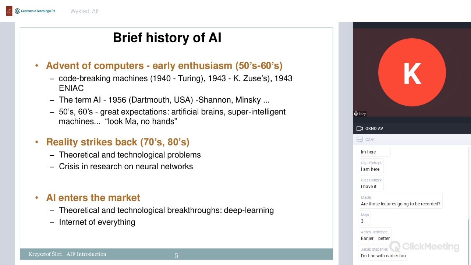This was a time where it was virtually impossible to get any funds for AI research. And right now we are in the next, or the third, phase of development of artificial intelligence, where it just entered markets and entered our everyday life. Because of a few very important theoretical advancements and technological breakthroughs that occurred in recent years.